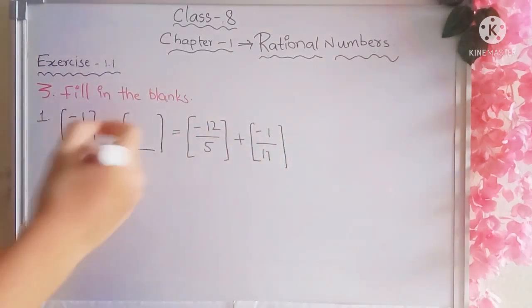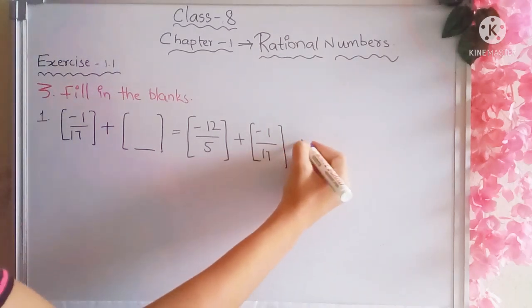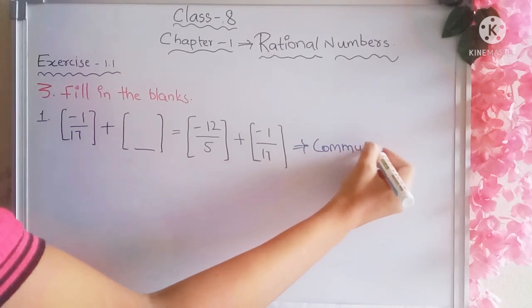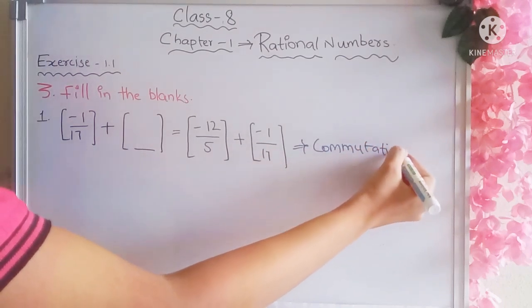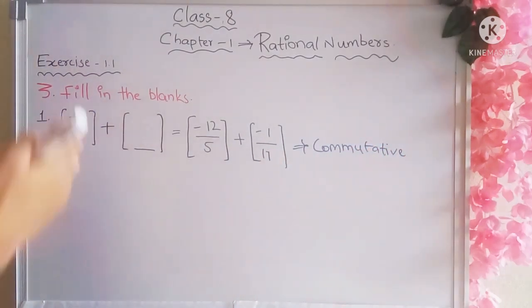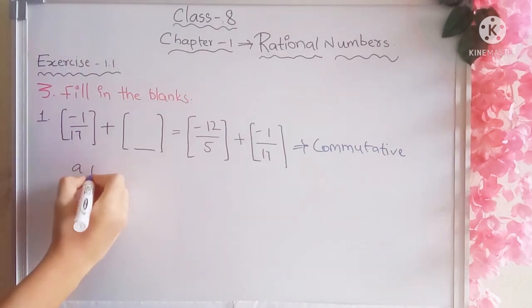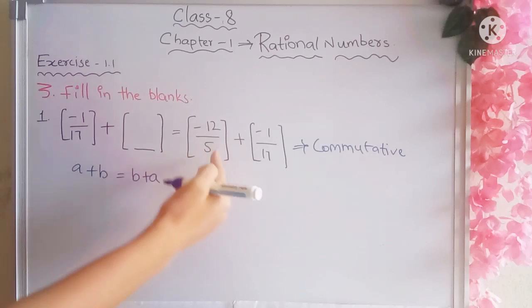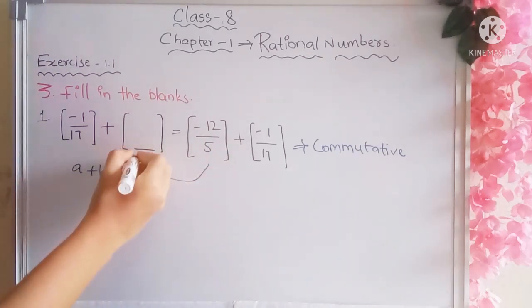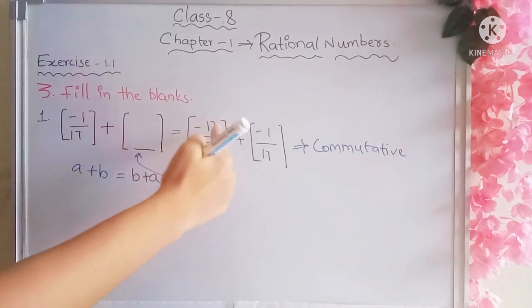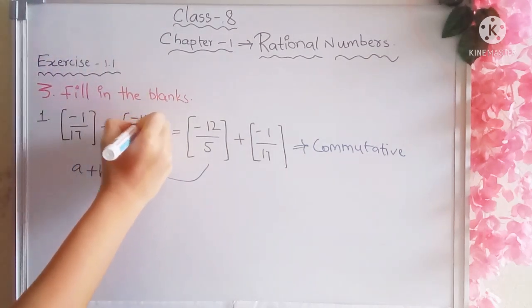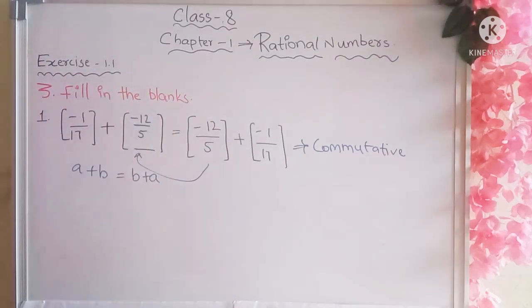So now we can say that the property here is commutative. So A plus B is equal to B plus A. So here we have to write minus 12 upon 5 in the fill in the blanks. Minus 12 upon 5.